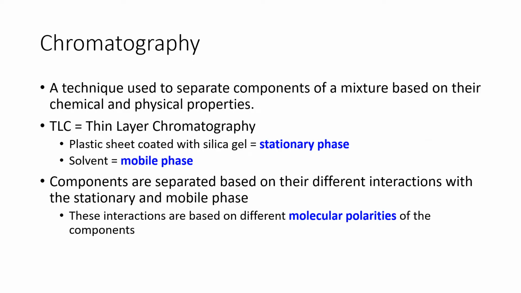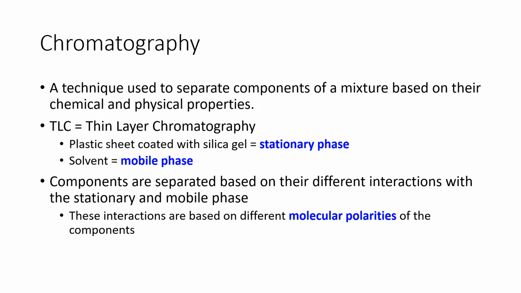Chromatography is a very useful technique to separate components of a mixture. For example, our plant leaves have a mixture of different pigments, like the green ones, chlorophylls, the orange ones, carotene, and some other ones. So what if we want to study the pigments individually?